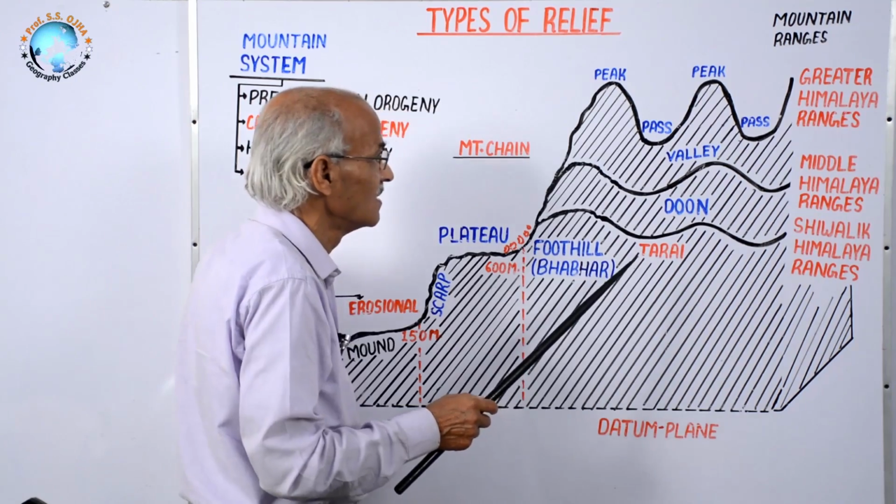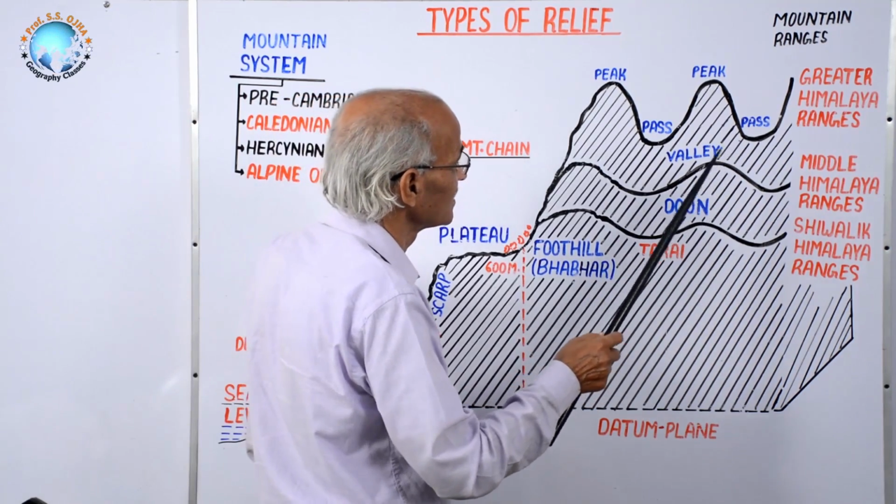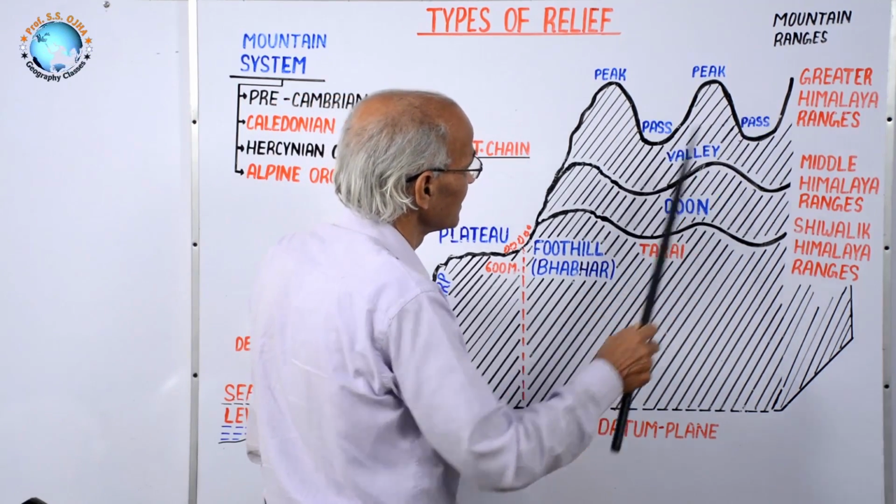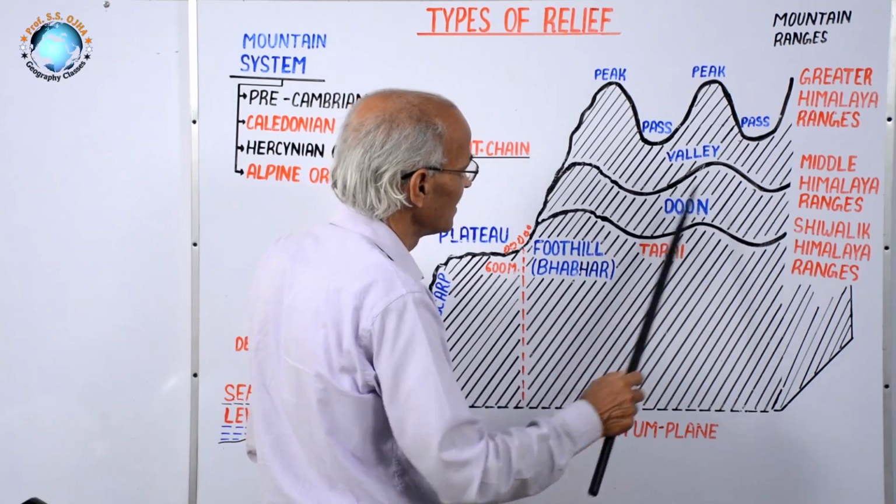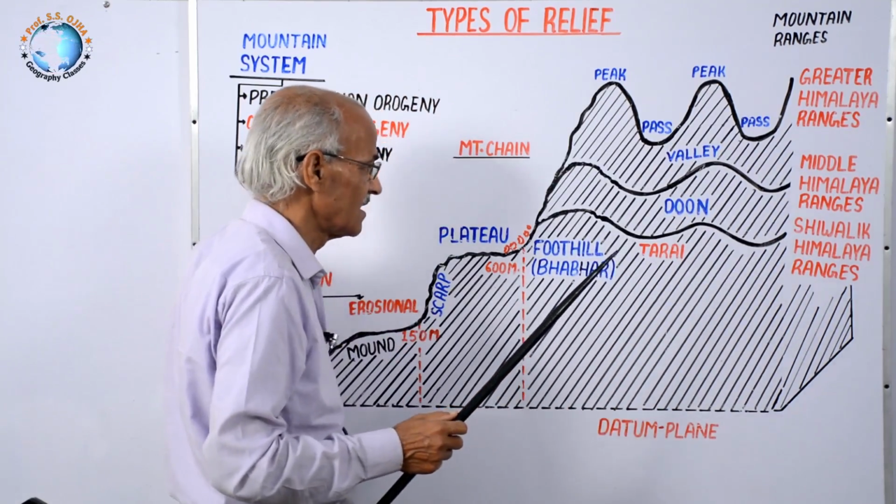Now, you have a very clear concept of what a range is. These are the ranges: Greater Himalayas, Middle Himalayas and Shivalik Himalayas.